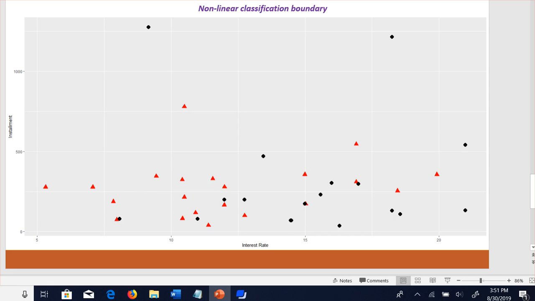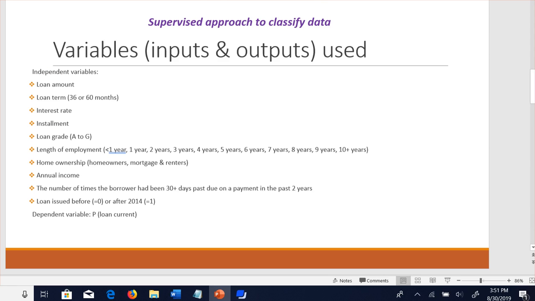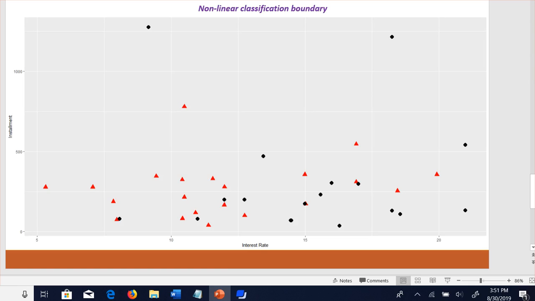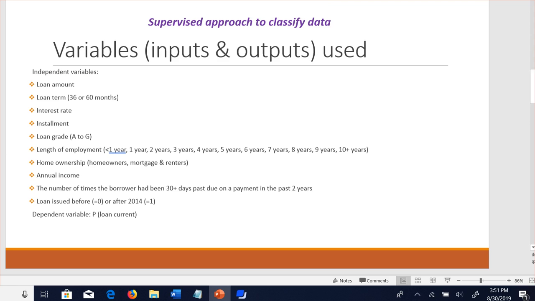As I mentioned earlier, we human beings can observe at most three dimensions, and because of that, I just picked two independent variables at random from this list to depict what I mean by non-linear classification boundary, because it's hard to visualize more than three dimensions. As you can see from here, we have more than three independent variables.